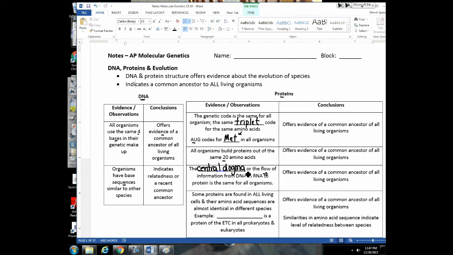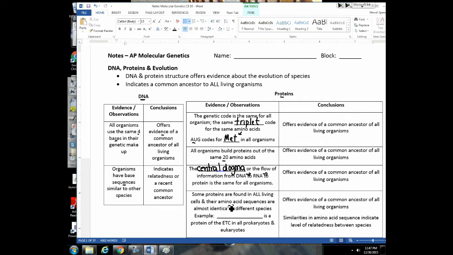So all organisms go through transcription and translation in the making of a protein. Now, just like we can sequence DNA and figure out the order of bases and use that to determine genetic relatedness, we also can sequence the amino acids in a protein, and that indicates how related 2 different organisms are.